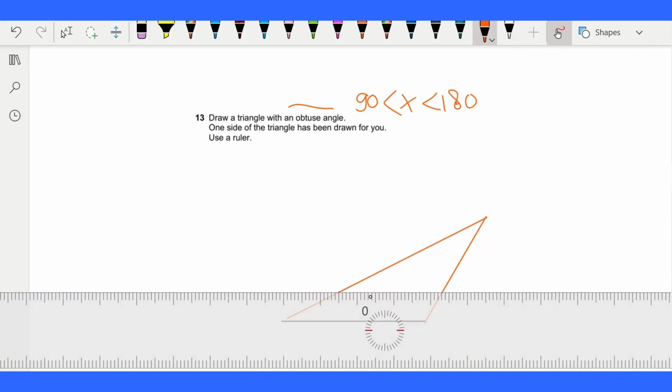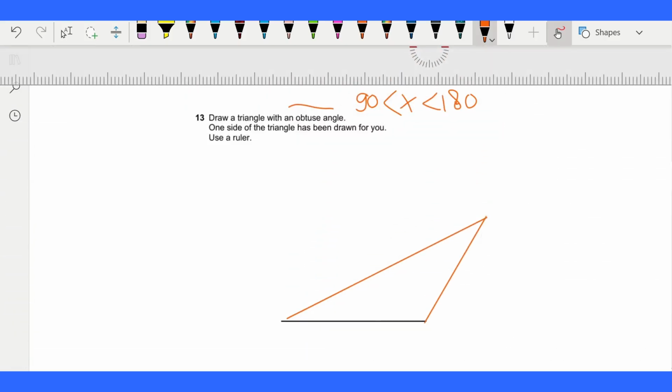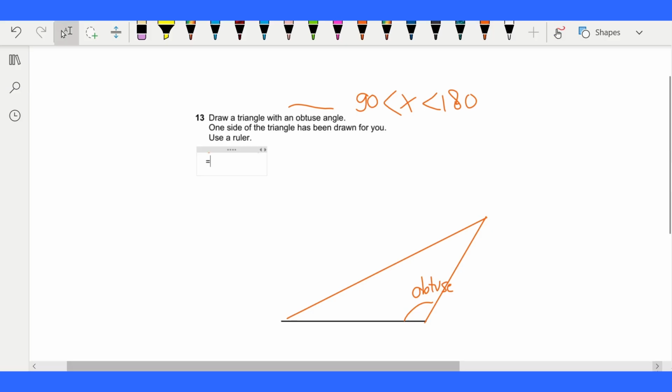Okay, so we hope it's clear, this one. So this angle is greater than 90, an obtuse angle. Okay, use a ruler. Anything similar to this should be okay. If you have any question, you may write in the comment section. Let's move on.